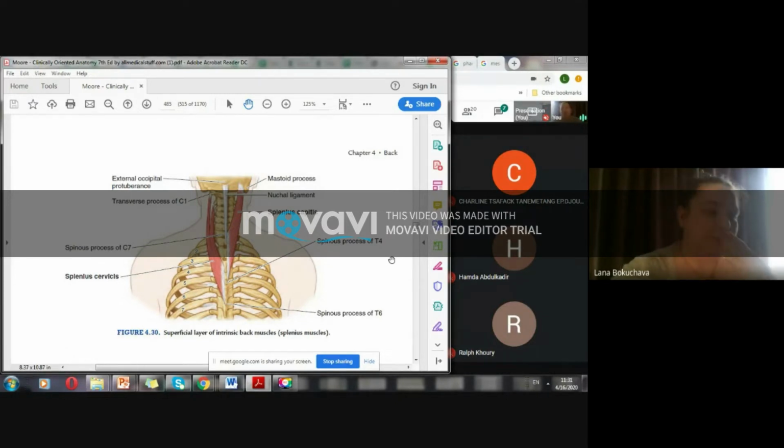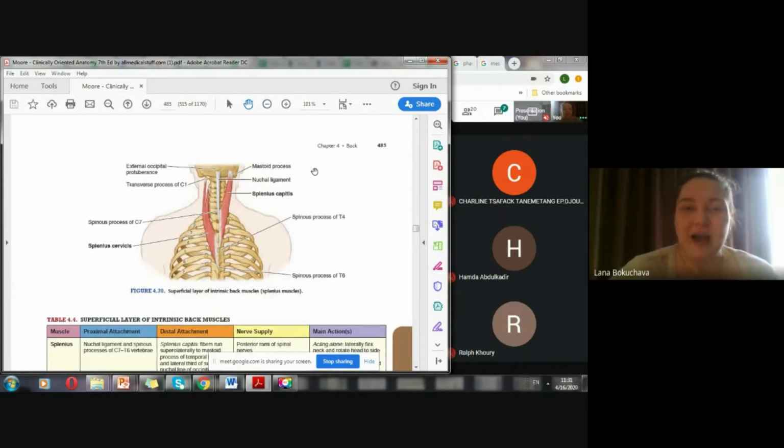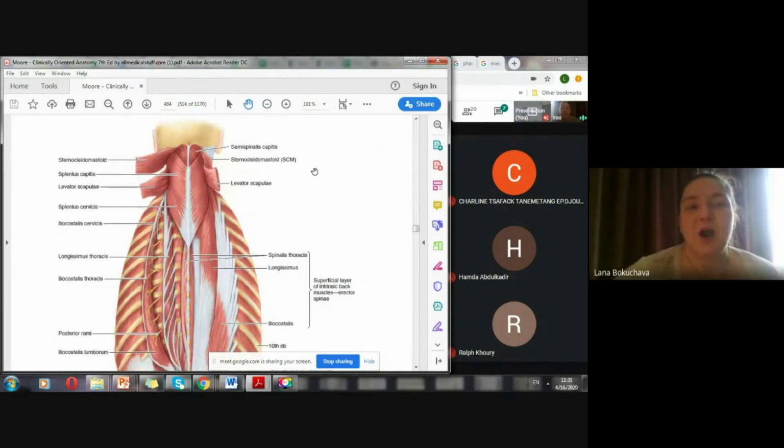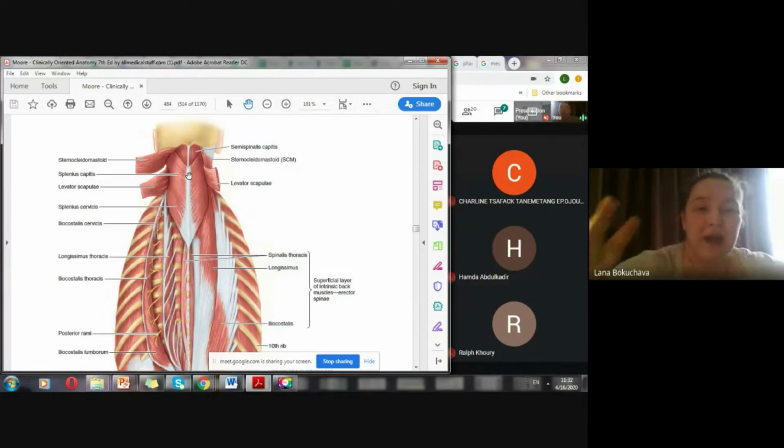So in the case of the superficial layer, we have, to be honest, one muscle only. And although here it is seen very well in the details, but to understand it better, here is our splenius muscle, one side, on the right side, and on the left side. Do you see? This is the splenius muscle. And even the name of the splenius muscle in Latin means a bandage. So do you see? It's like a bandage surrounding the superior part of the back.